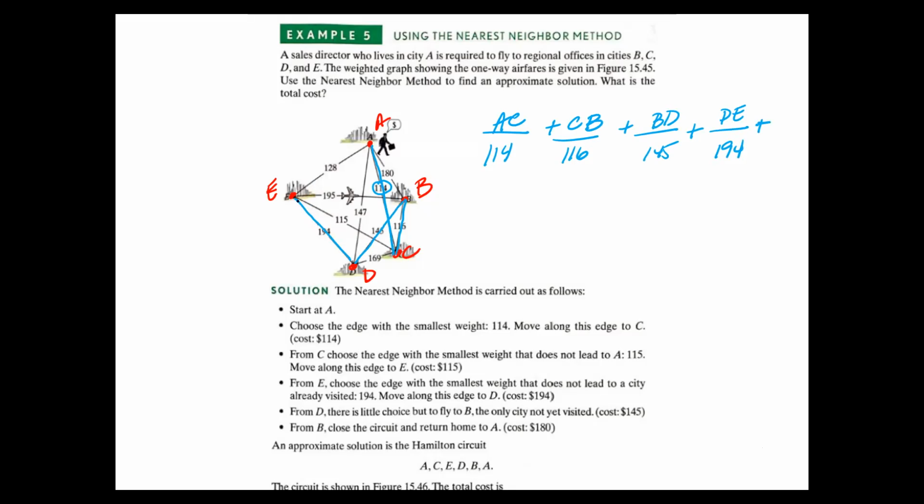Then from DE, we're going to go to EA, which is $128. So at this point, we hit every single vertex. Which is in the total down to $748.